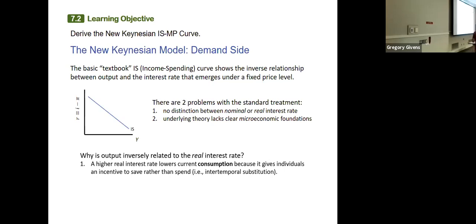You may have studied that in terms of what's called intertemporal substitution. That's a key channel in these dynamic macro models. Higher interest rates lead to lower consumption, and of course, lower consumption reduces GDP or real output.